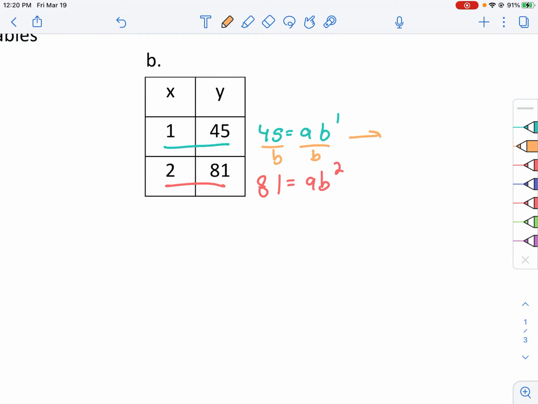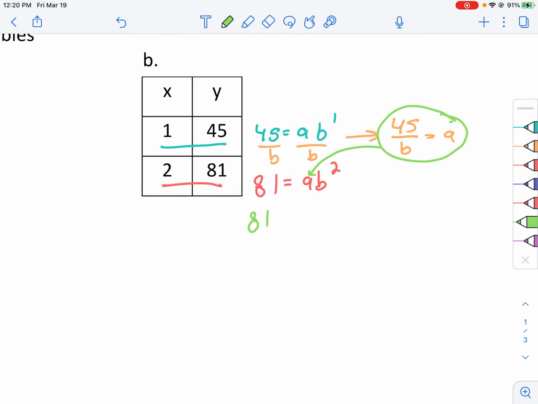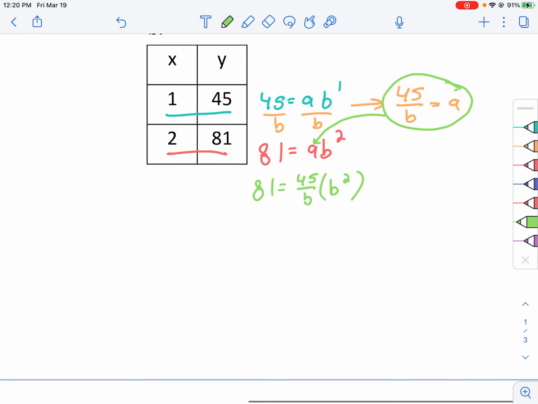If you take the first equation and divide both sides by b, you get 45 over b is equal to a. Then we can take that 45 over b and plug it in for a. That gives us 81 is equal to 45 over b multiplied by b squared.